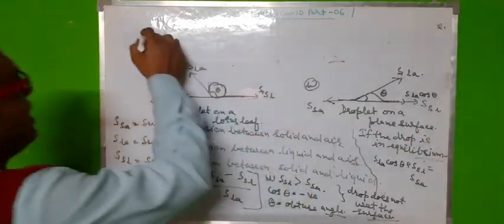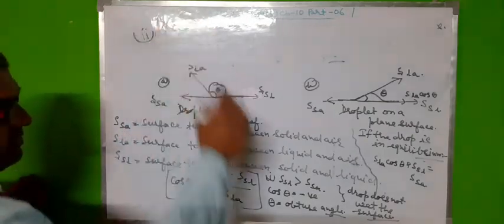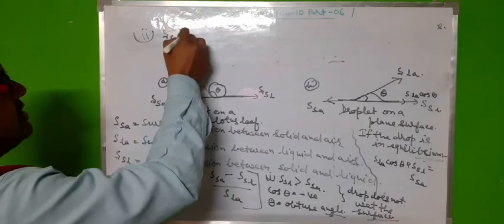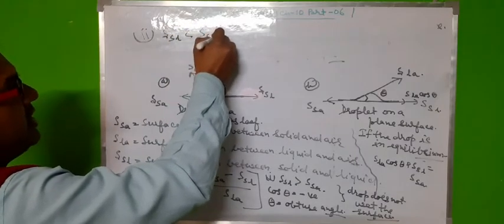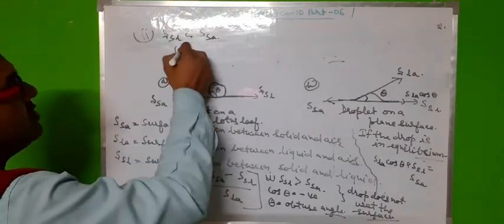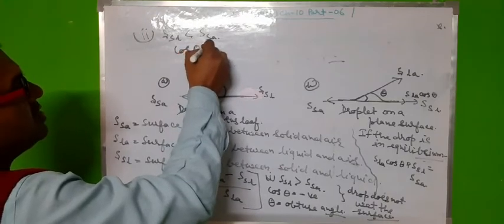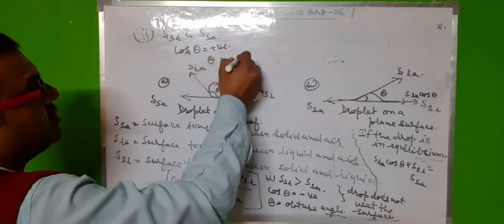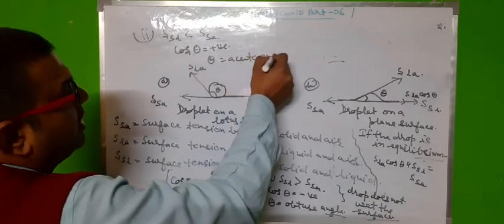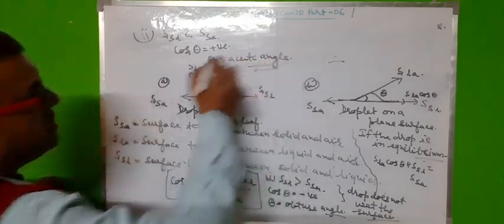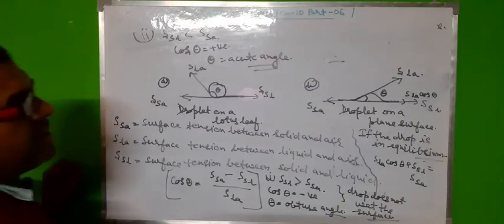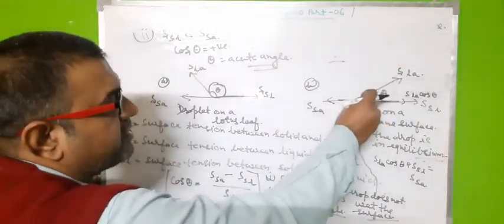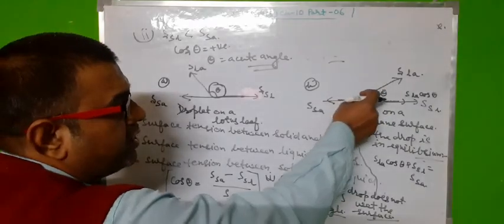This is the first case. Now the second case: if SSL is less than SSA, then cos theta is positive, and theta is an acute angle. If theta is an acute angle, the molecules inside the liquid have lesser force as compared to the molecule and solid interaction.